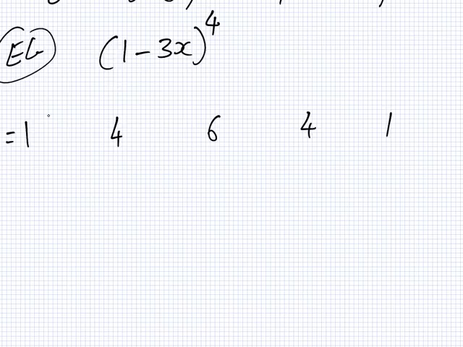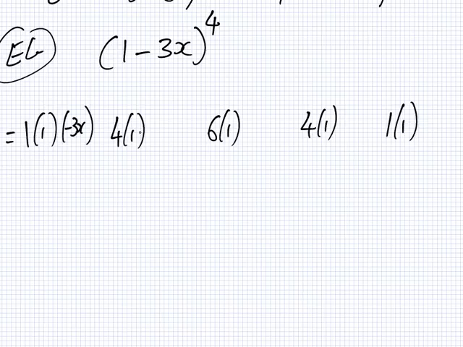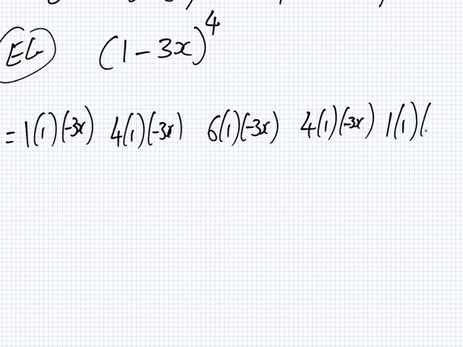So here we have 1, 1, 1, 1, and 1. And then minus 3x, minus 3x, and so on. Plus, plus, plus, and plus. The powers are 4, 3, 2, 1, 0, and 0, 1, 2, 3, 4.